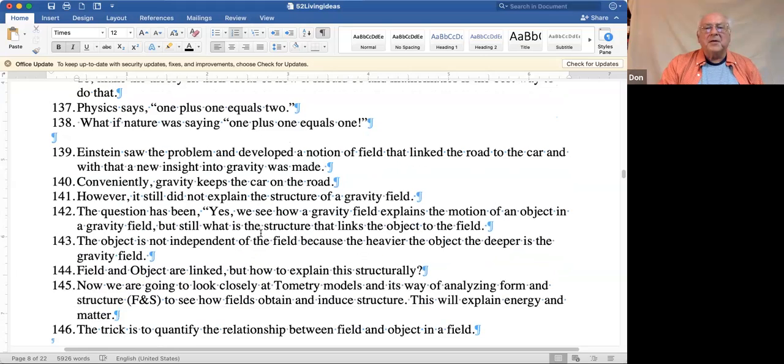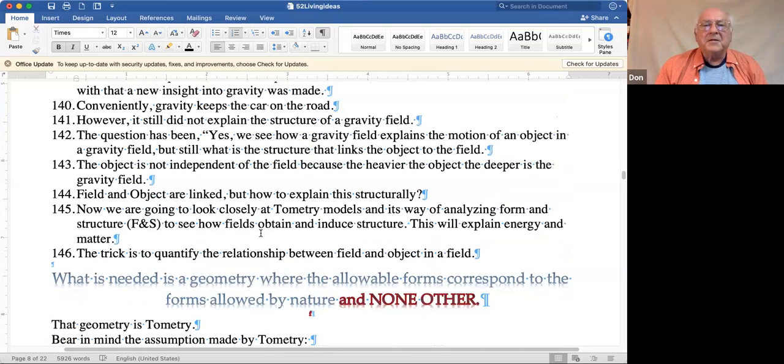The question has been, yes, we see how gravity explains the motion of an object in a gravity field, but still, what is the structure that links the object to the field? The object is not independent of the field because the heavier the object, the deeper the field. Field and objects are linked, but how to explain this structurally?